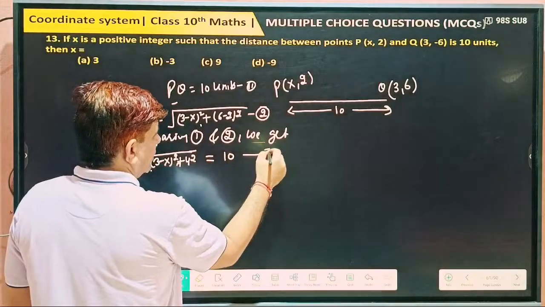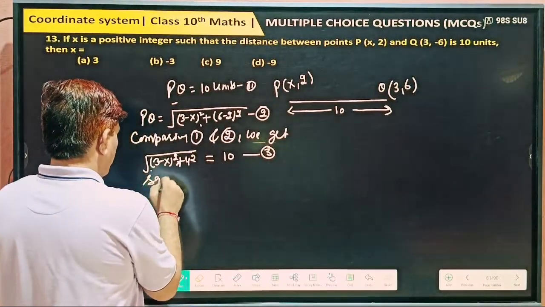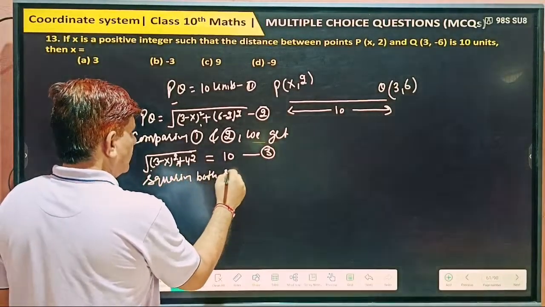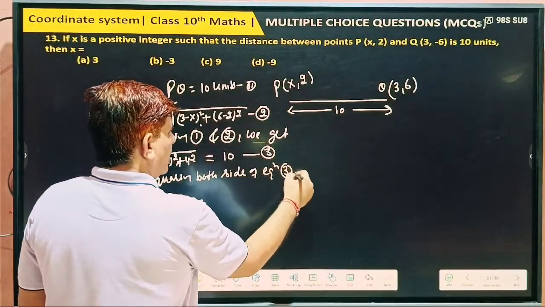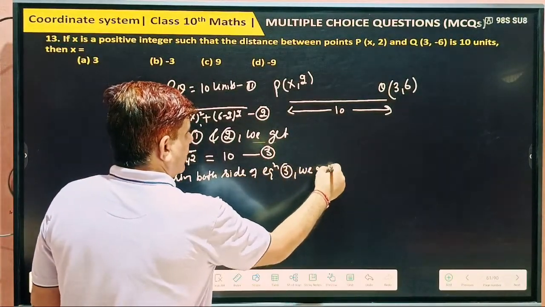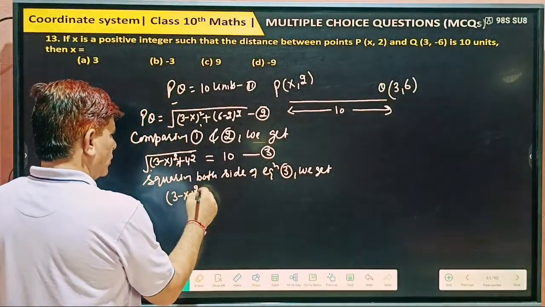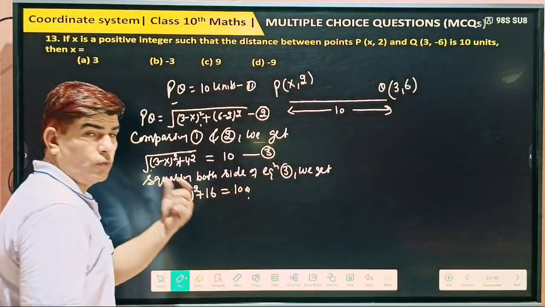This is your 3. Squaring both sides of equation 3, we get 3 minus x whole square plus 16 is equal to 100, the square of 10.